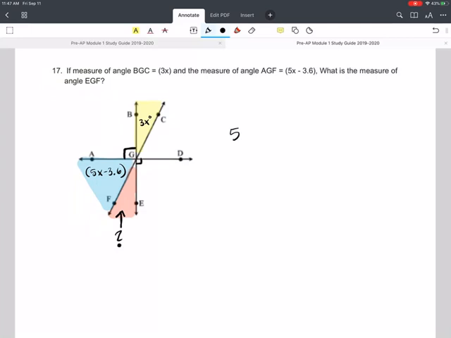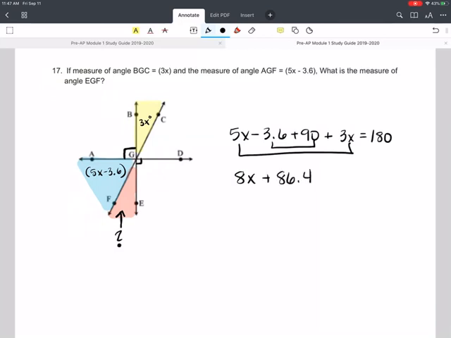So I would have 5x minus 3.6 plus 90 plus 3x equals 180 degrees. Before I start solving, I am going to combine like terms. So I would end up with 8x, and I would do 90 minus 3.6 to get 86.4 equals 180.